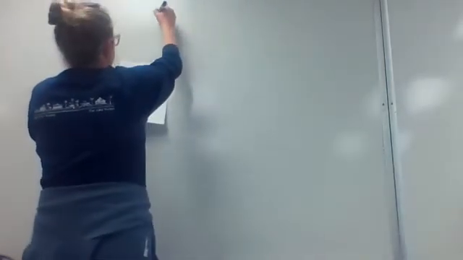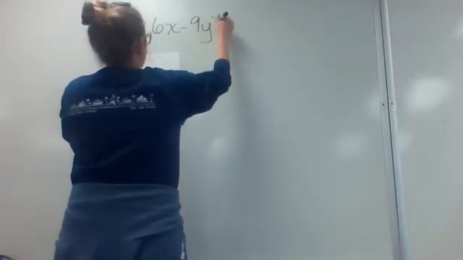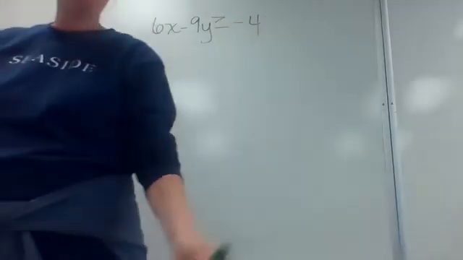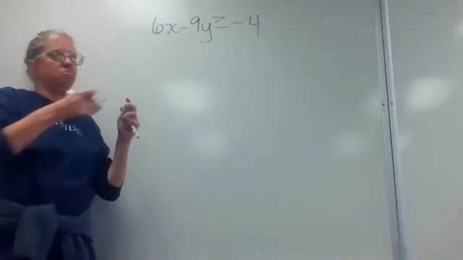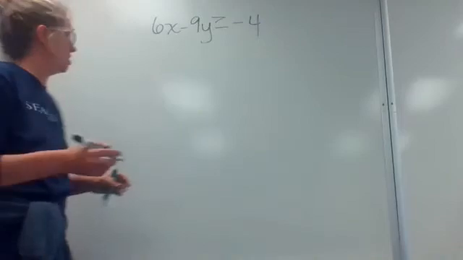All right, graphing inequalities. So 6x minus 9y is greater than or equal to -4. When graphing the line, you want to be able to know whether it's a dashed line or a solid line.